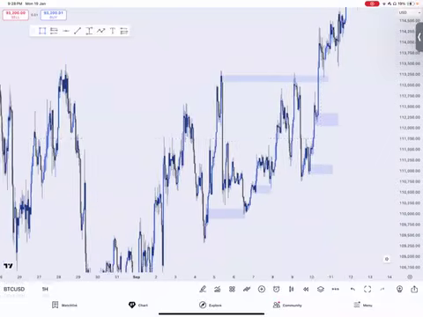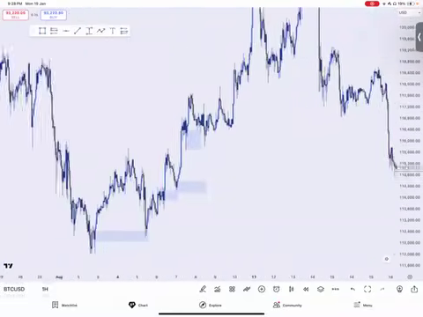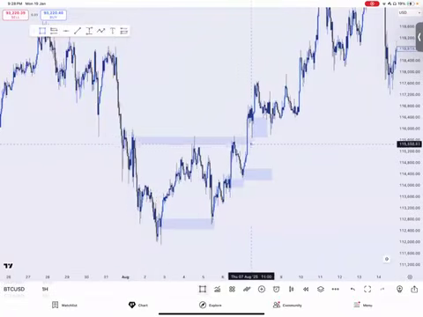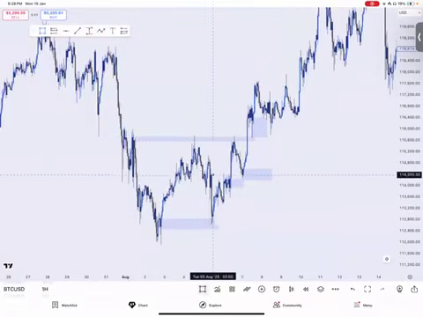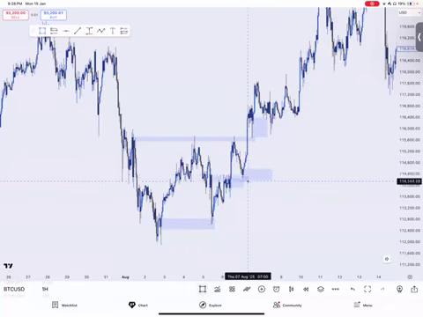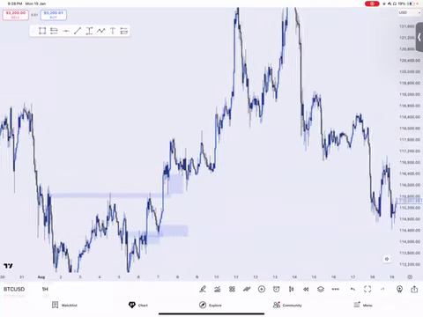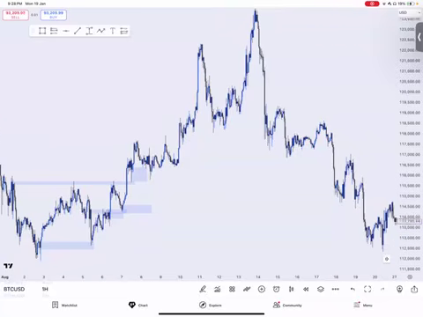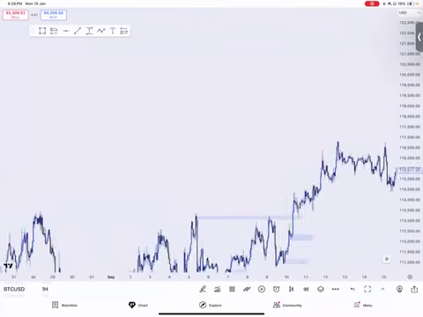Do you get? In this scenario here, we had price coming from this level. In this scenario here, we had price coming from this level. So all this is also another kind of POI that price can actually buy or sell from.